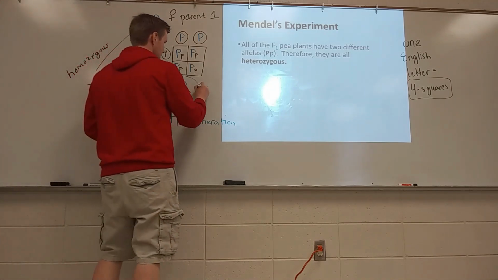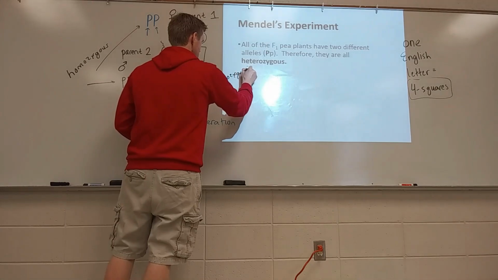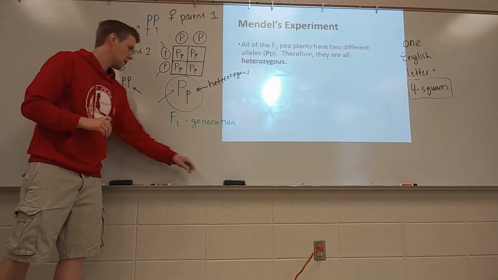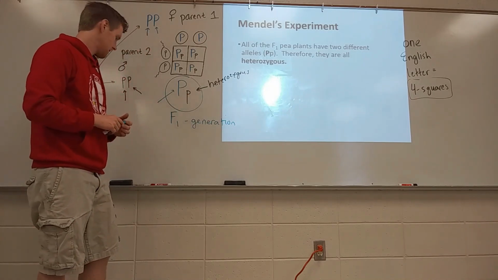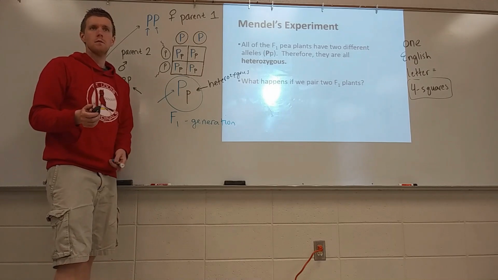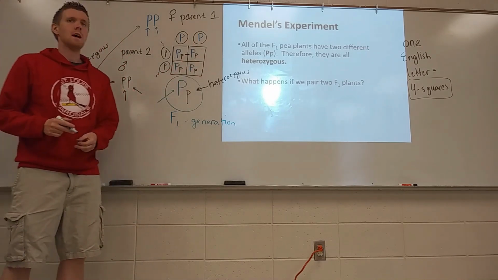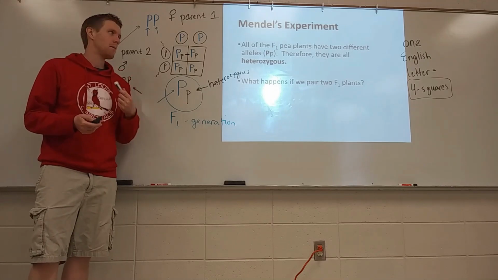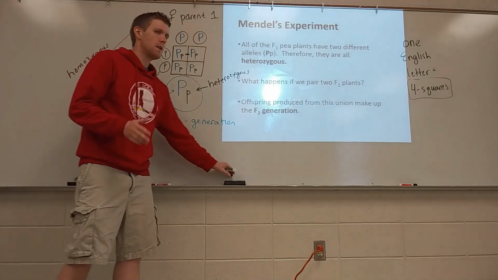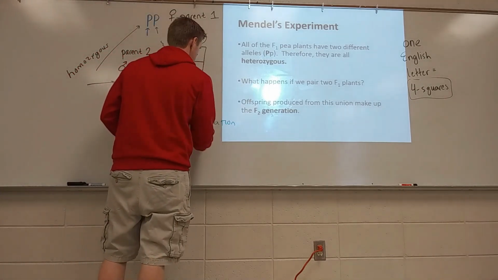Heterozygous is the term that describes all of the F1 offspring because they have two different alleles. Mendel decided to pair a couple of his F1 offspring together and see what happened. This would make the F2 generation. Let's go ahead and do that Punnett square up here and see what that makes.